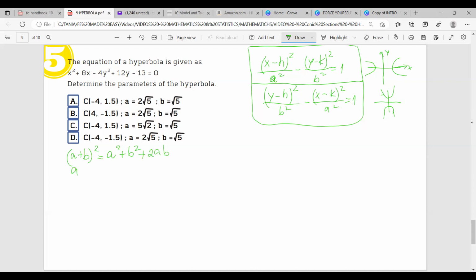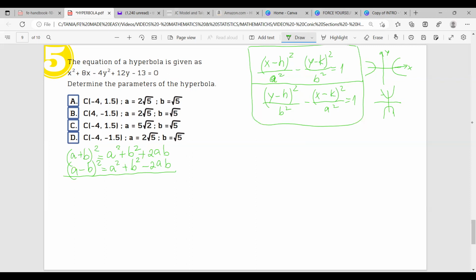And when you have (a minus b) squared, this equals a squared plus b squared minus double of the product. This is very easy to memorize. The only thing different is when you have minus, the double product is negative.